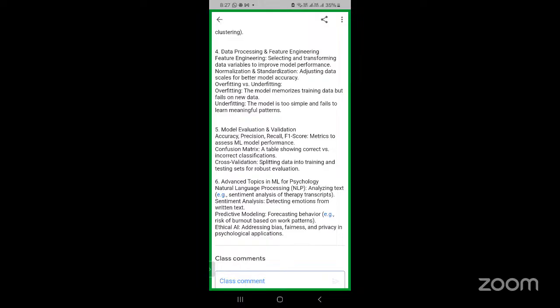Okay, the formula is score minus mean divided by standard deviation. This is the formula. Mr. Jana, can you tell me the meaning of cross validation?